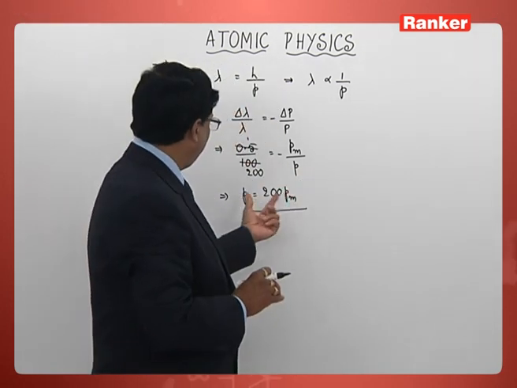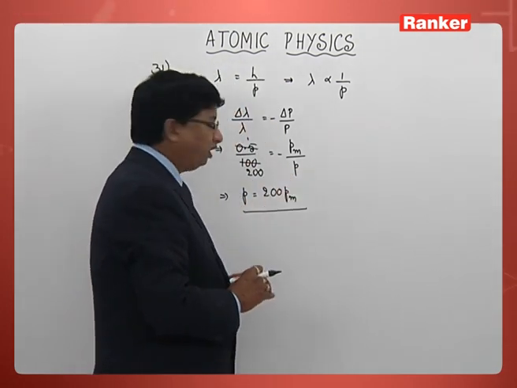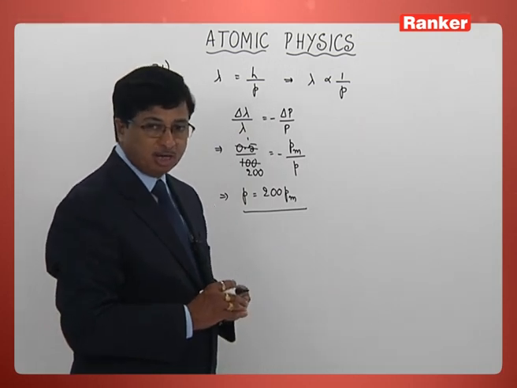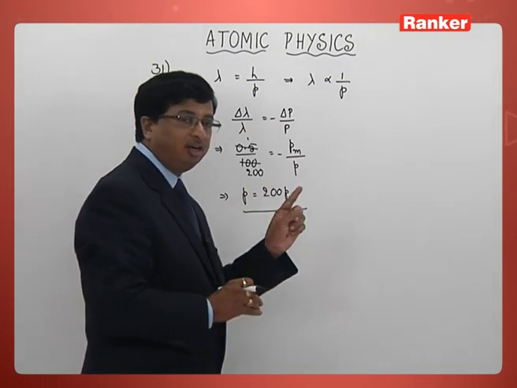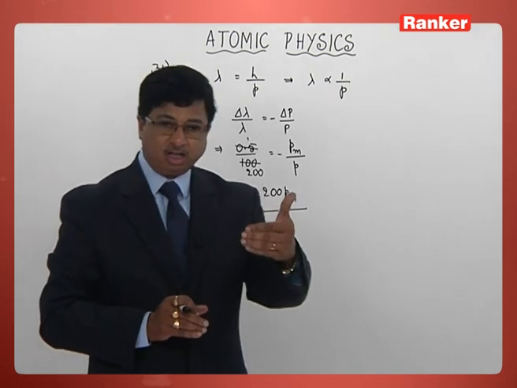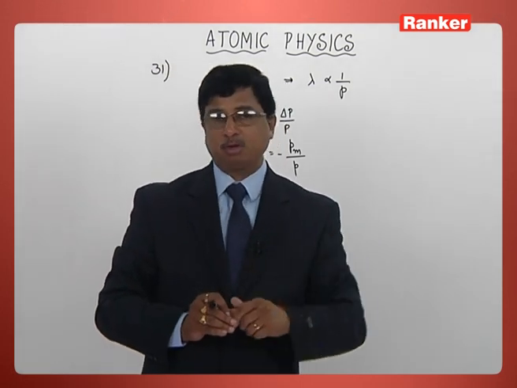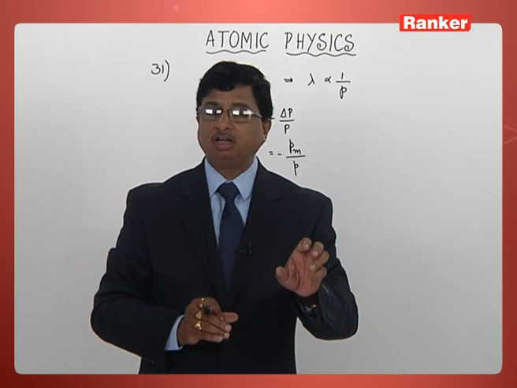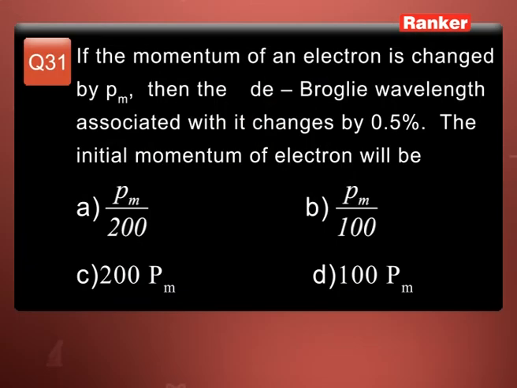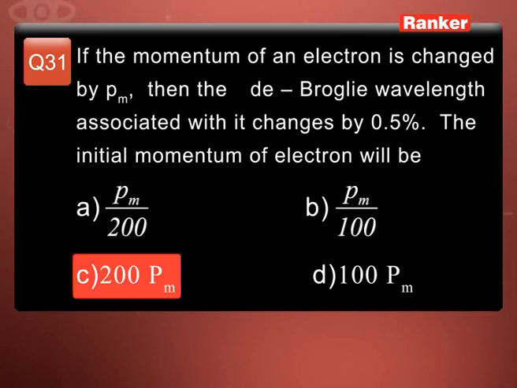And therefrom I have got the initial momentum of that electron: it is 200 times the change that has been made in this problem. So 200 times Pm. So which is the correct option for us? The correct option is exactly the third one. So the answer becomes C for this particular problem number 31.